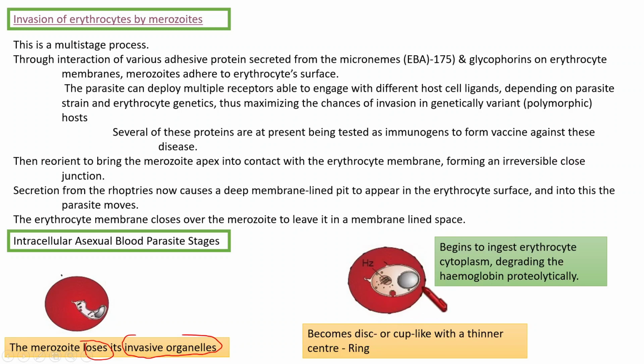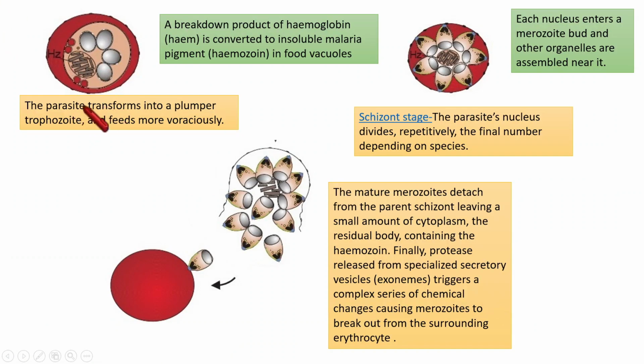And from that stage onwards, it starts to ingest the erythrocyte cytoplasm and degrade the hemoglobin of the erythrocyte. Then this disc-shaped, cup-shaped parasite transforms into a plump trophozoite. You can see here. Plump means it becomes more spherical and bulged.